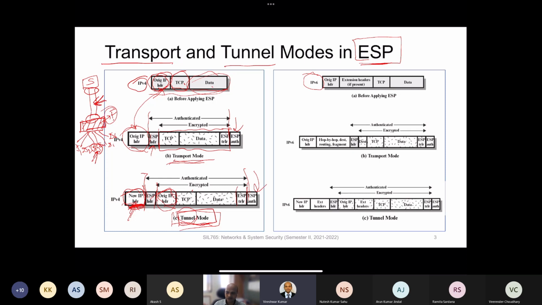There also some different types of algorithms will be utilized for encryption and authentication, and all of those could be independently utilized. Okay, so it's just that when you are processing or encrypting that packet at certain layers, it is possible that the size, because of the header, is now different, and therefore you might need to do some padding in order to make it equal to a block size.